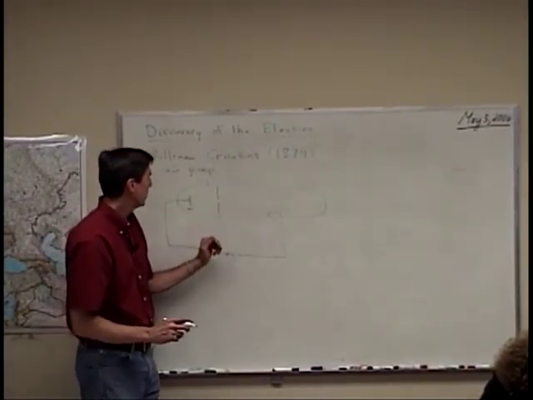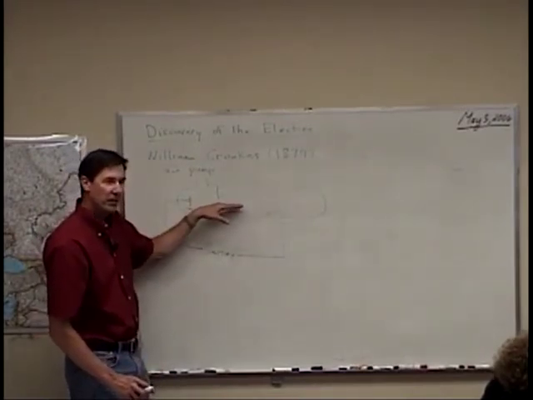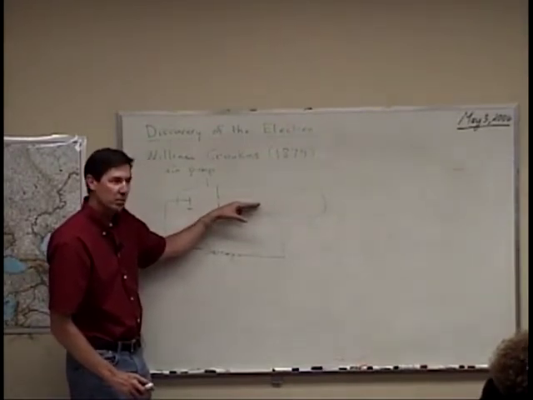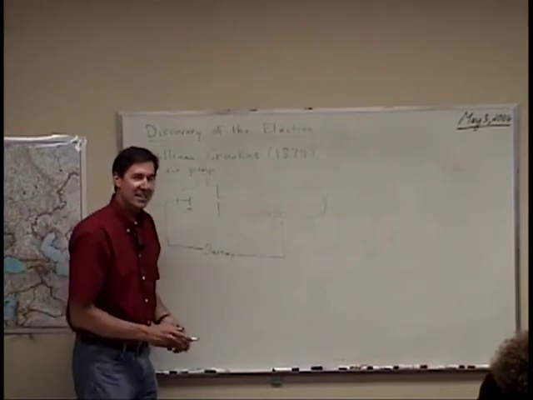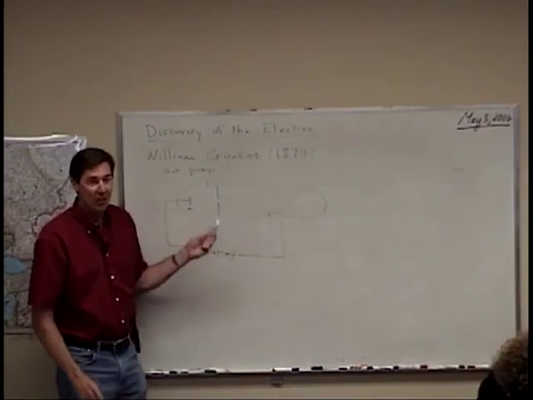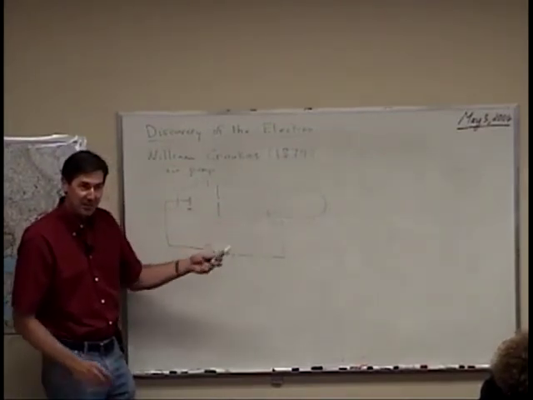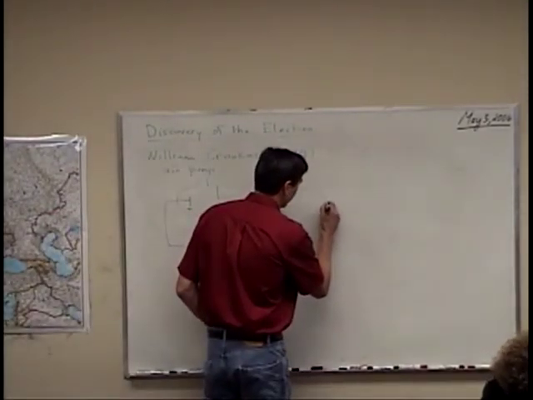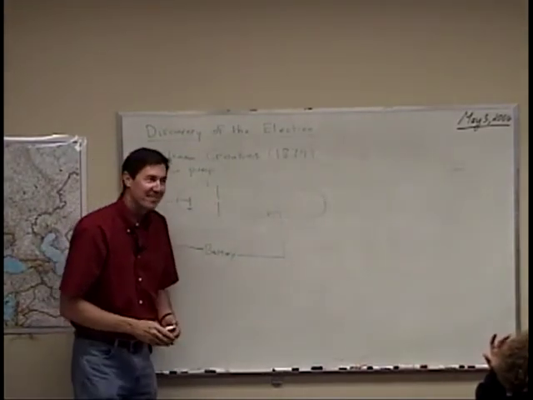You not only get a current, but when there's still a little bit of air left in here, you'll see the air kind of glowing a little bit. And then if you take almost all the air out, the glow disappears, but you see a bright spot over here against the end of this glass.